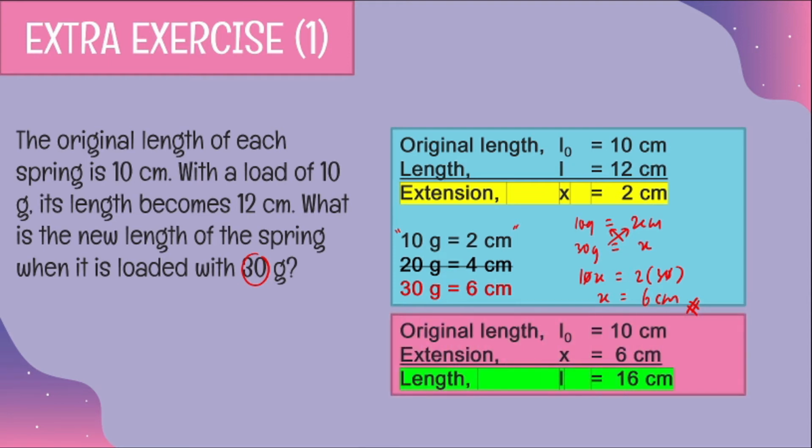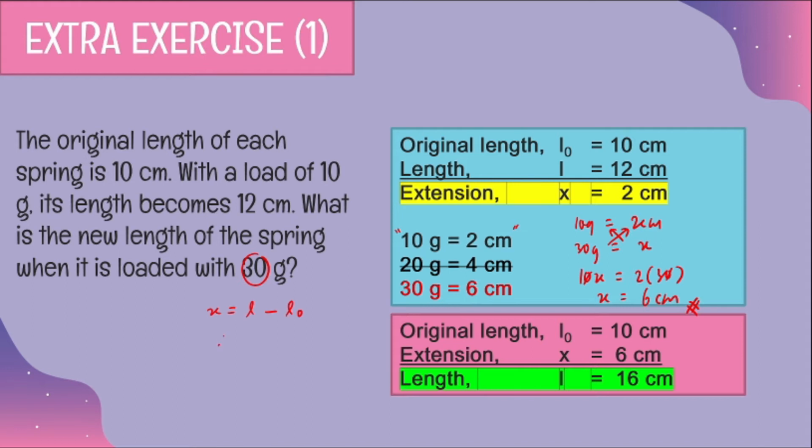Number 2. So the question asks you to find length or the extension. What is the new length? Okay, because the question asks you to find the new length. So you all kena macam itu kita dah tengok kan. Extension is L minus L naught.